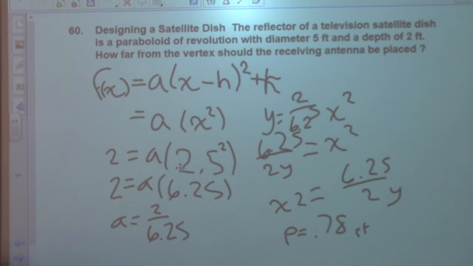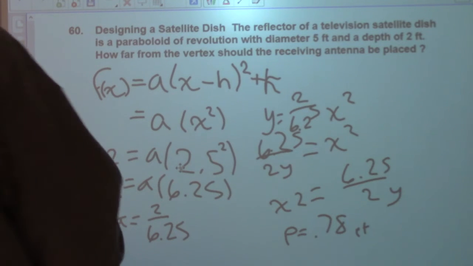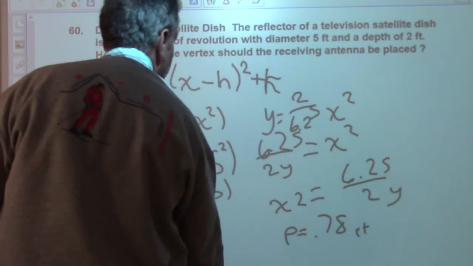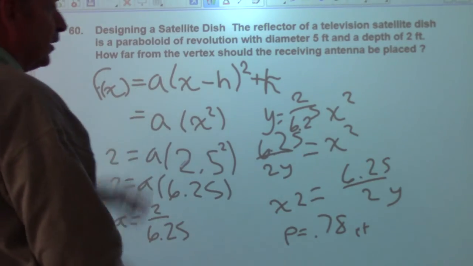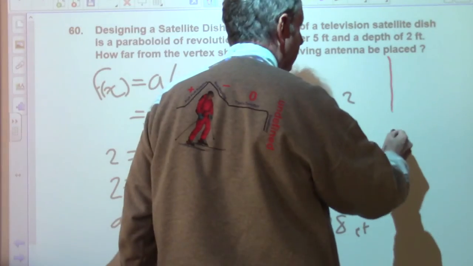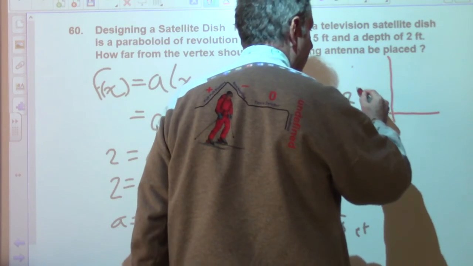So he didn't make a sketch of what it looks like here, but it's going to end up being the same thing as the last one.